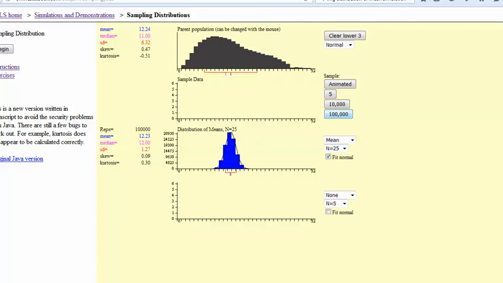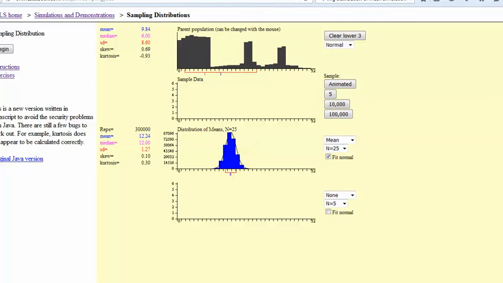We can add some more repetitions, but the sampling mean still is fairly normal. I can even do funny things like cut out a section and have a parent population that is not normal, not unimodal.